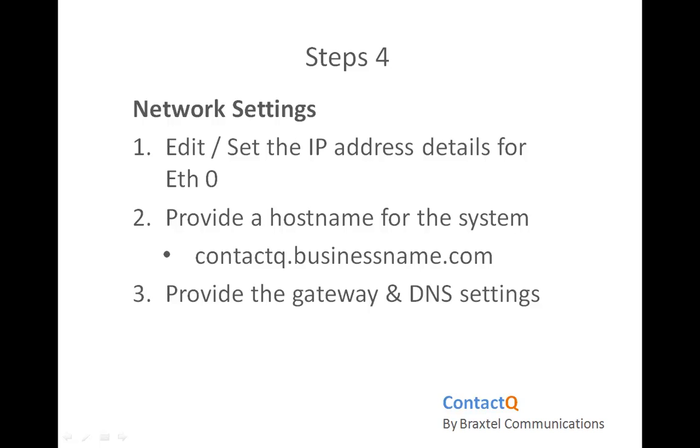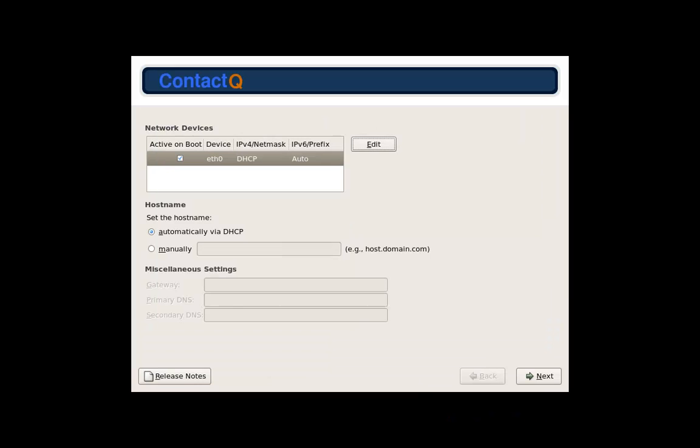A little way through the installation process, you'll be presented with a screen that allows you to configure the network settings. By default, the system is set to use DHCP to obtain its network settings, which is fine for a demonstration system or a test unit, but for a production contact center system, you really need to assign it a static IP address. Click on the Edit button at the top of the screen and then select Manual Configuration.